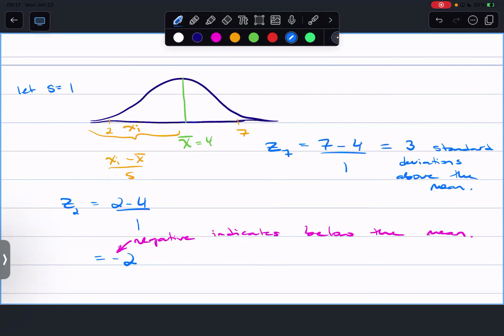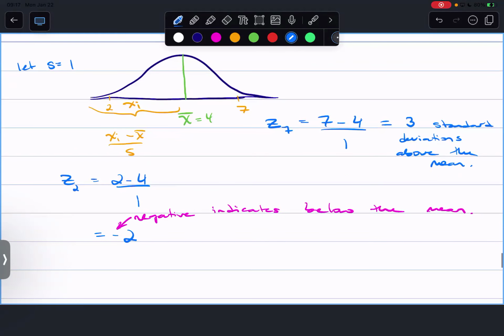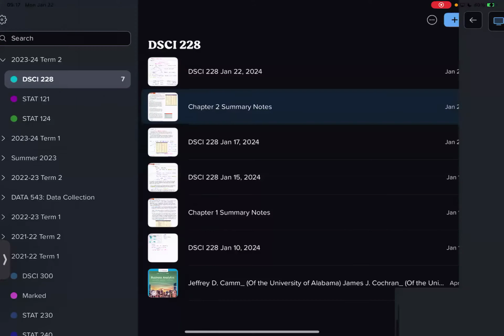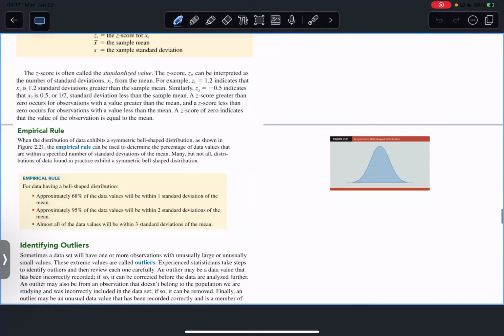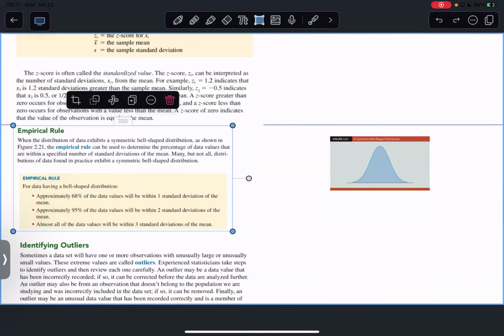Now, as a rule, it's called the empirical rule, what we're going to find is that the central 68% of the data is captured between the first standard deviations on either side of the mean. So that's kind of a useful thing, and I'll show you why.